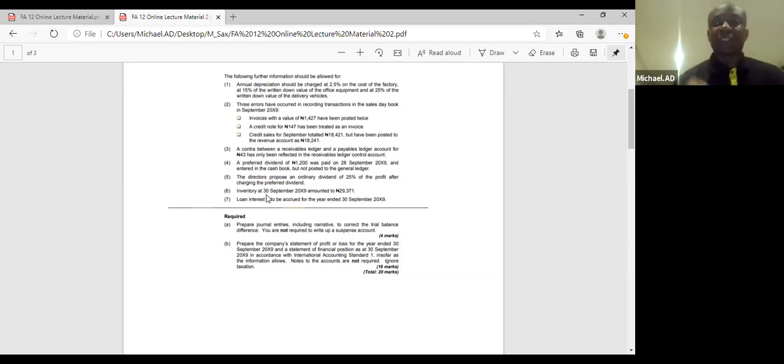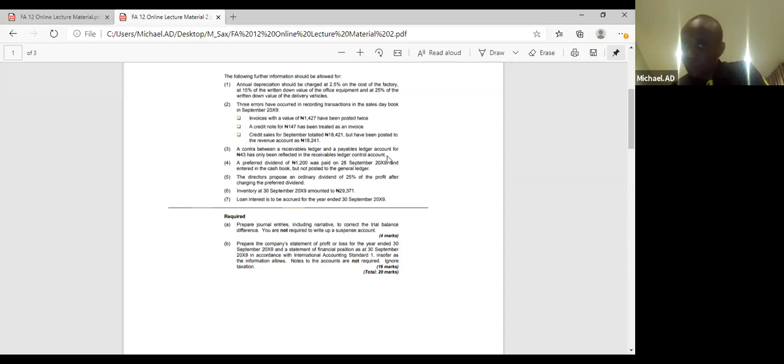So if you note, I told you that the errors that affect trial balance are mostly one-sided, and the errors that do not affect it actually affect the two sides, both the credit and debit. But the one that affects trial balance most times affects one side account. It's always a one-sided error.